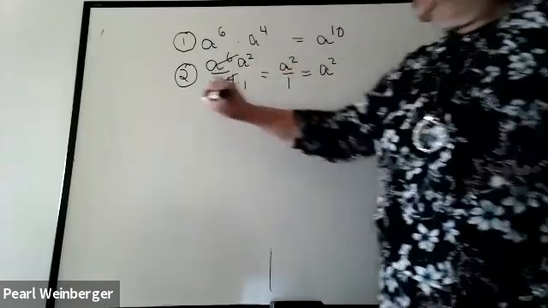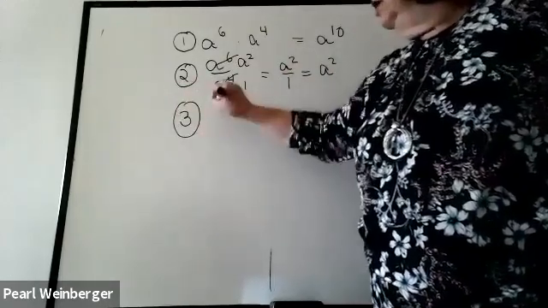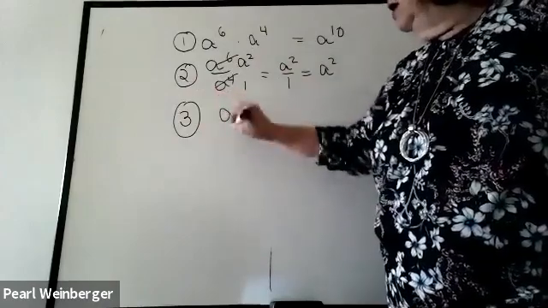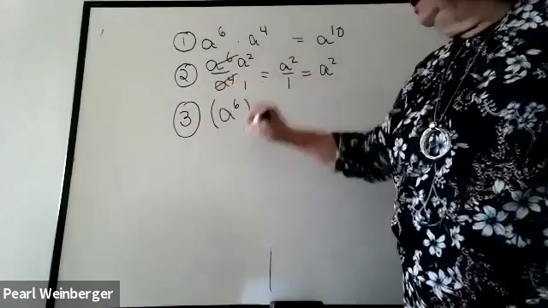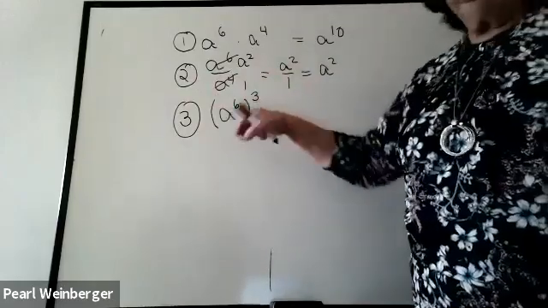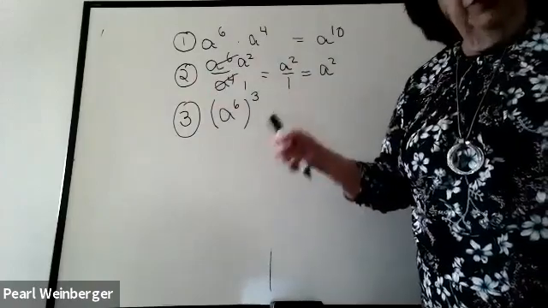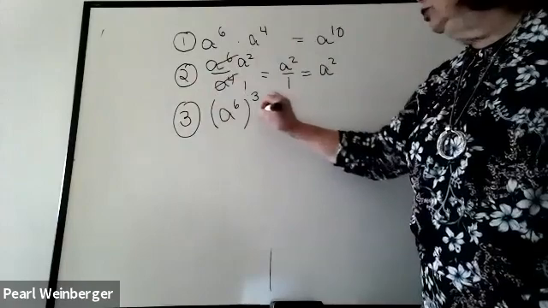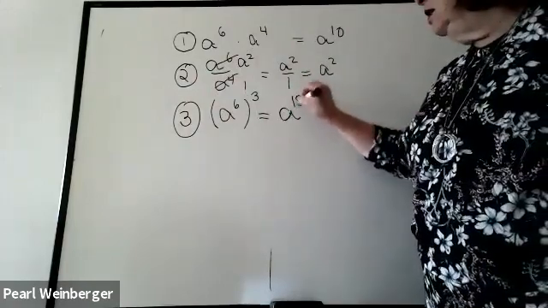The third rule has to do with if you have a variable or a number with an exponent and you raise it to a second exponent. What do you do when you have two exponents on a number? If you recall, the rule is you multiply the two exponents together. So this will give you a to the 18th.